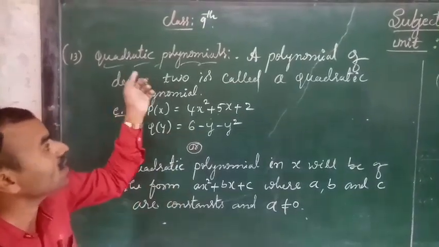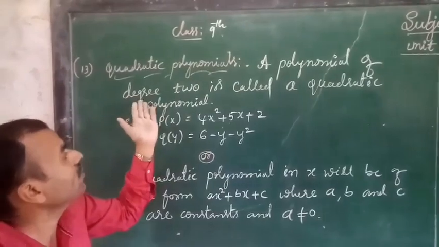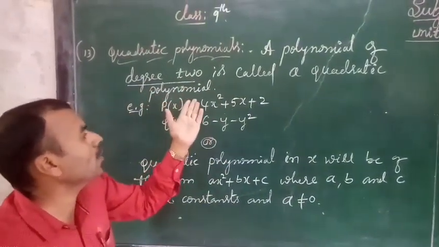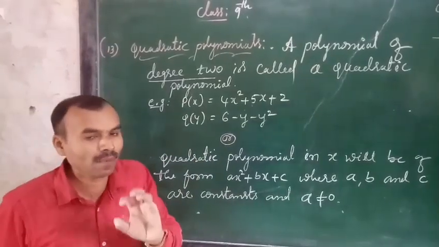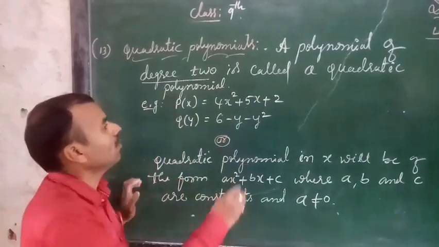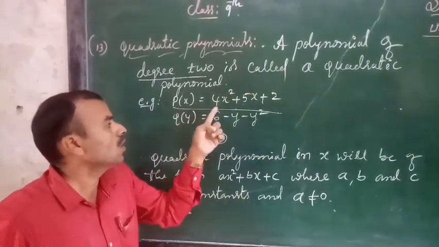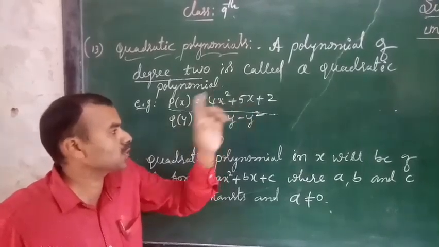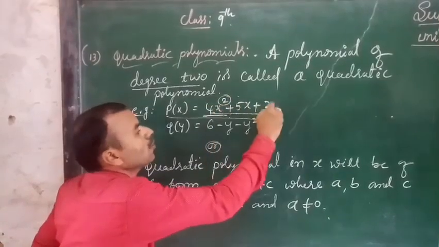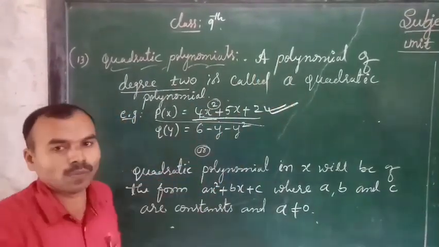Next, quadratic polynomials. A polynomial of degree 2 is called a quadratic polynomial. Quadra means 2. For example, p of x equals 4x square plus 5x plus 2. Highest power is 2. Degree of this polynomial is 2. So this is a quadratic polynomial.